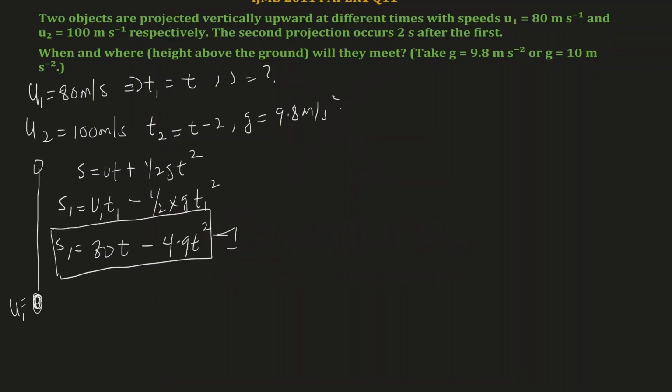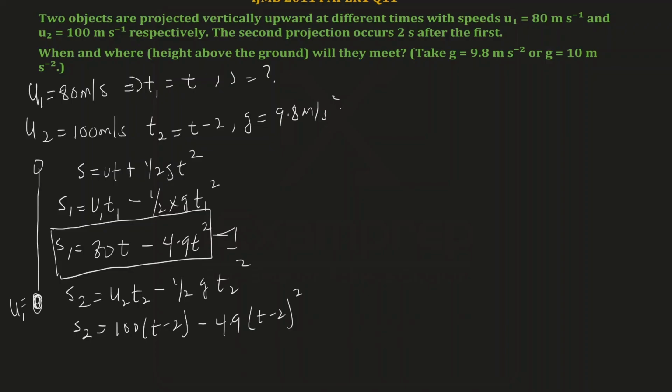For the second object, let's write it as s2 equals u2 t2 minus half g t2 squared. So s2 is equal to, u2 is 100, so 100 times (t minus 2) minus half times 9.8, which is 4.9, times (t minus 2) whole squared.